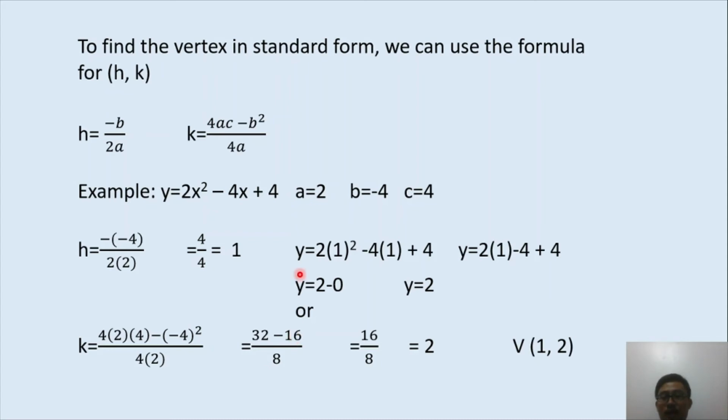So, parehas lang. So, ang vertex natin is 1, 2. So, pwedeng gamitin yung formula ng K or pwede naman na pagkakuha ng H, substitute na natin doon sa quadratic function para diretso na yung sagot. Okay?